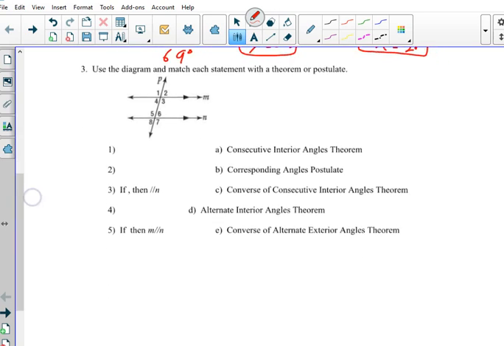Okay, use the diagram and match each statement. Well, this looks like it got messed up. This did not print properly. This should say, I'm just going to abbreviate, angle 1 is congruent to angle 5. This is angle 4 is congruent to angle 6.